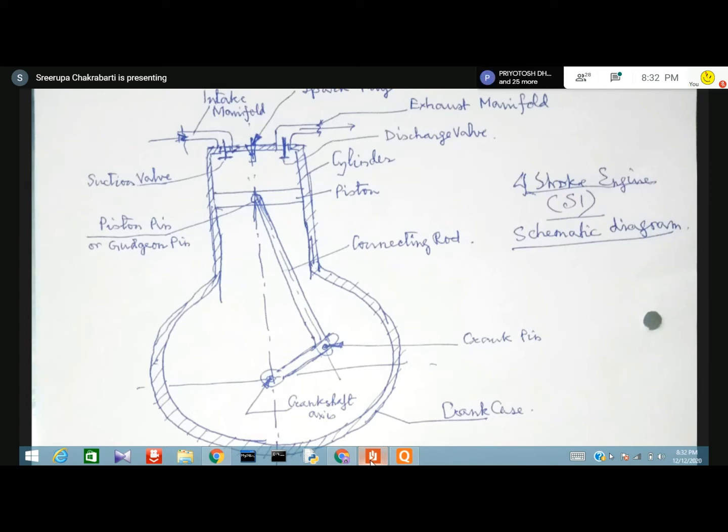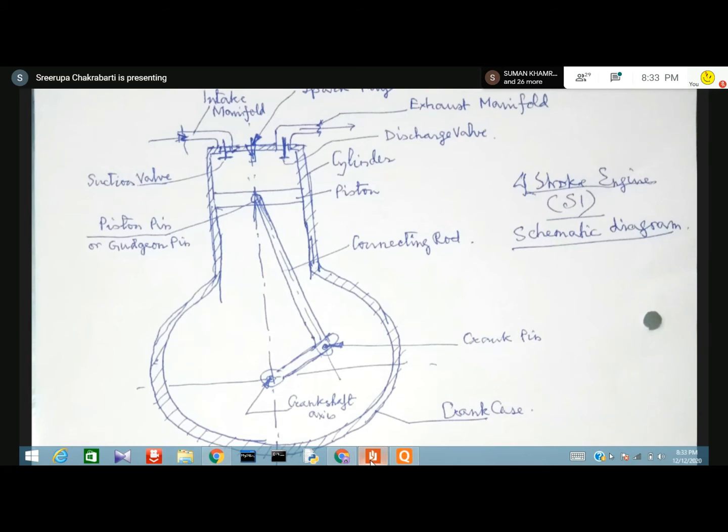because this is a vertical engine. The axis of the engine is vertical. So that's why we are using the term top and bottom. Had it been a horizontal engine, same engine, if you consider the axis of the cylinder to be horizontal, then again the dead center which is near to the valves, we call it inner dead center.